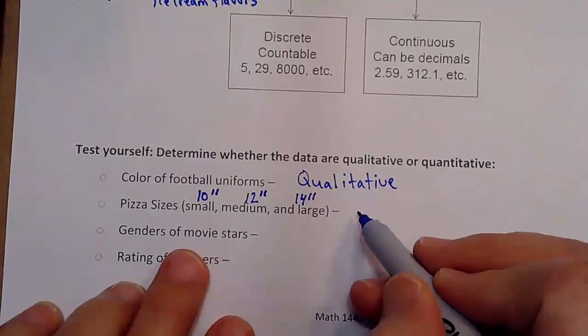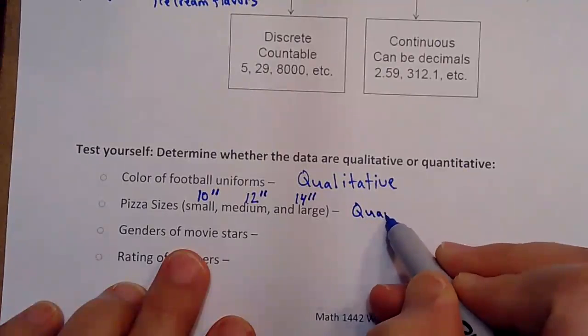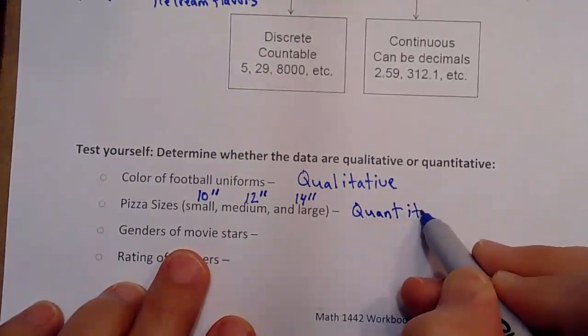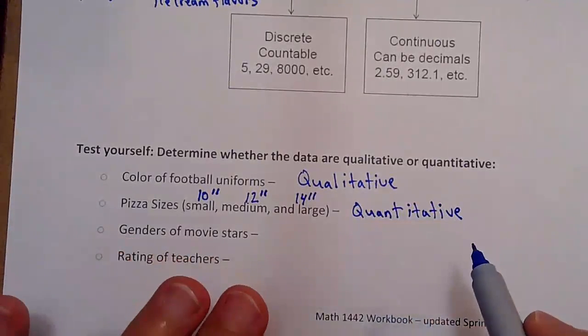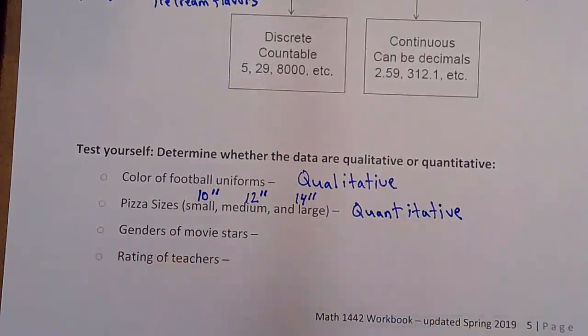And this would be more of quantitative, okay? It's kind of like they said, using a tool to measure or ranked. So this is an idea of ranked: 10-inch, 12-inch, 14-inch, right?